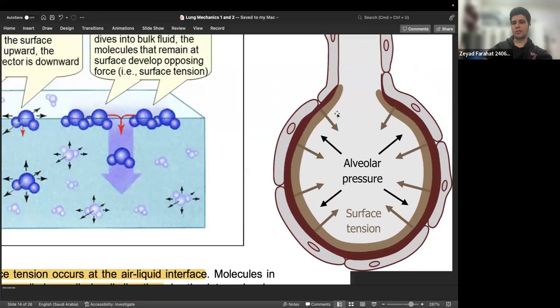This is why water was easier to fill, because when you're filling it here, there's no phase difference and you don't need surfactants. But because you have air, you need a medium to cover between the air inside the alveolus and the watery contents of the alveolus. The water is partly mucus, partly secreted, but also because we are made of water. We're 70% water, so this is there naturally in cells.